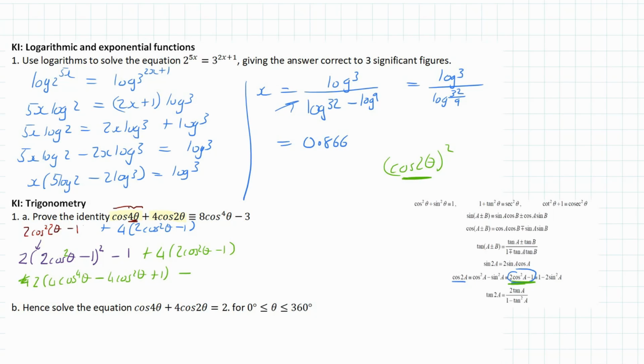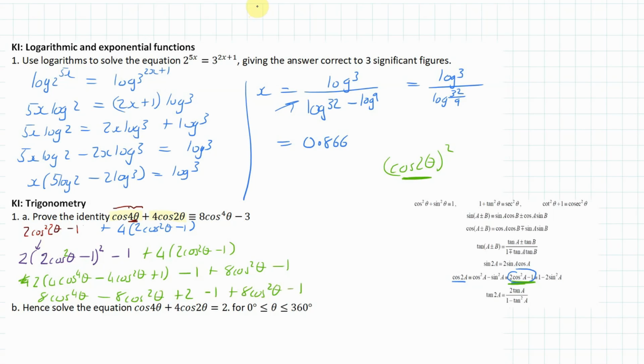And then we've got that minus 1 plus, and I'll expand this last bracket here. So that would be 8 cosine squared theta minus 1. Let's expand again. So we get 8 cosine to the power of 4 theta minus 8 cosine squared theta plus 2 minus 1 plus 8 cosine squared theta minus 1.